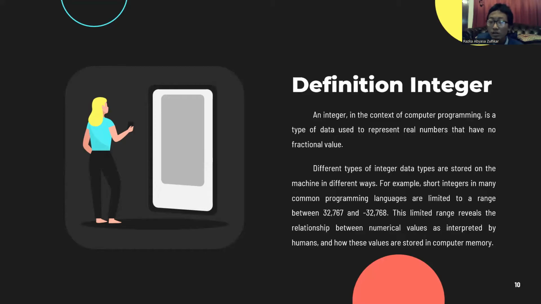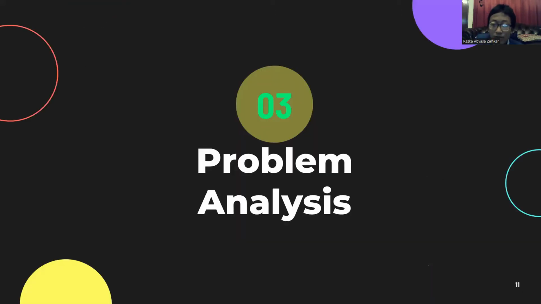For example, short integers in many common programming languages are limited to a range between -32768 and 32767. This limited range refers to the relationship between numeric value as interpreted by humans and how these values are stored in computer memory.